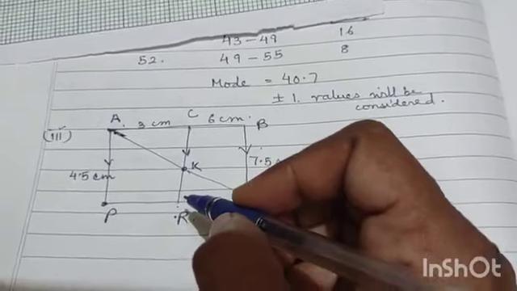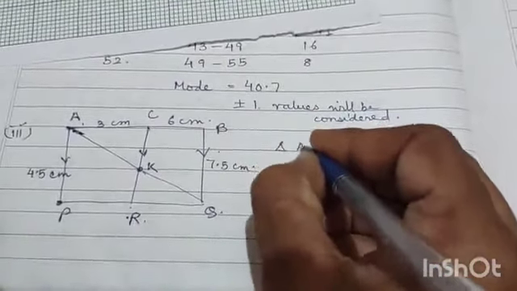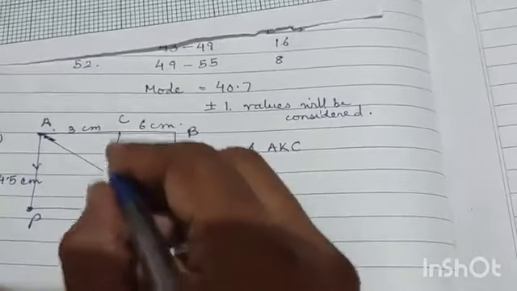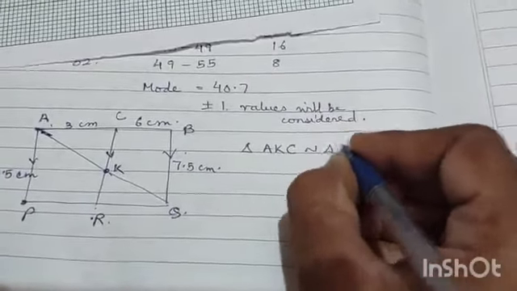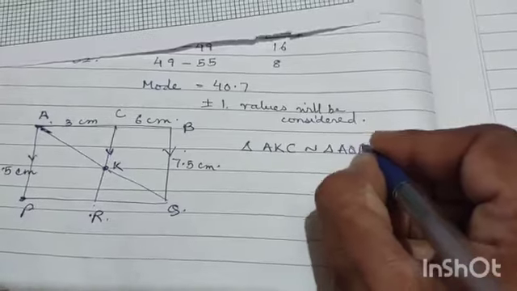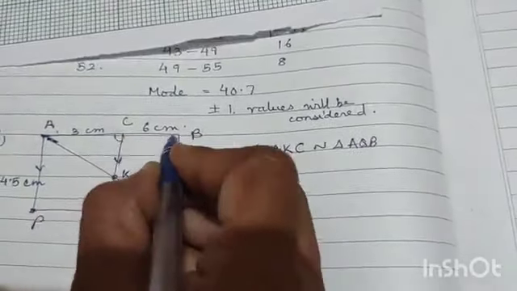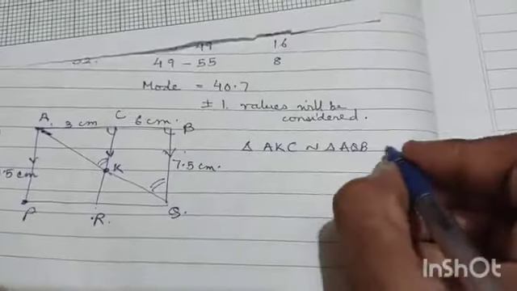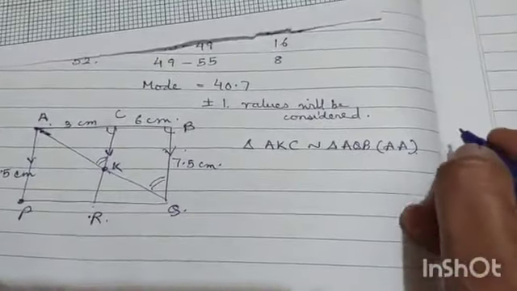So here we start with triangles AKC, this triangle, and triangle AQB. I am writing these both triangles as similar because these two lines are parallel. So this angle is equal to this and this angle is equal to this, since corresponding angles are equal, so these two triangles are similar by AA property.